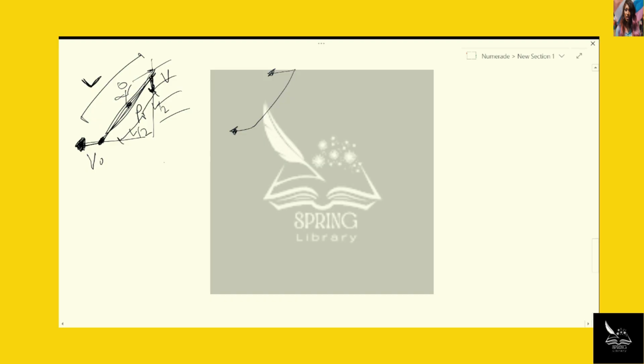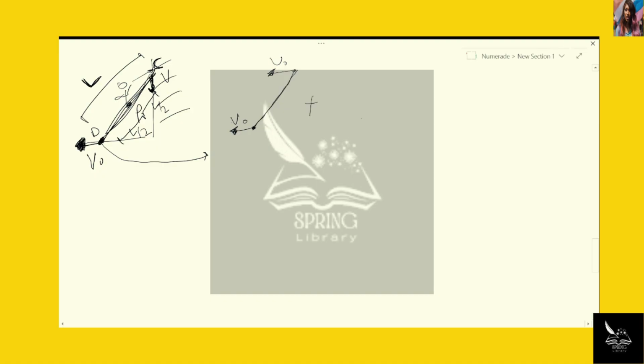So let's say we are sitting here. Let's name these points. So let's call this D. Let's call this C. So let's say that you are sitting at the point D. If you're sitting at the point D, then first of all, everything will be moving. Not from your perspective, but from the perspective of an observer at rest with respect to the whole thing, the ladder will be moving to the left with velocity v naught.